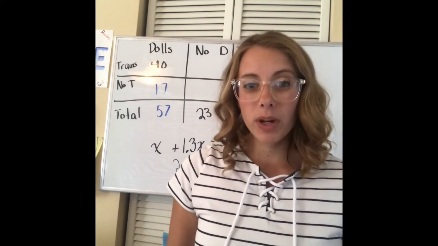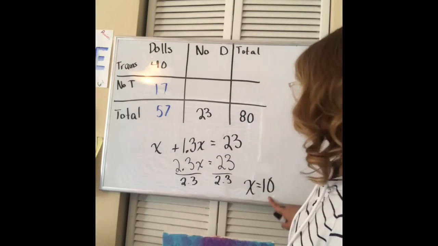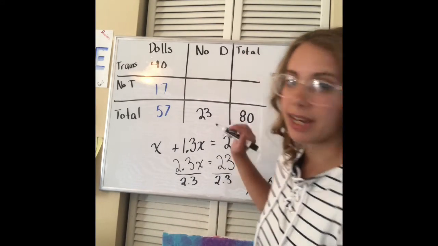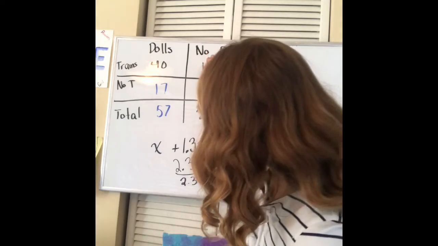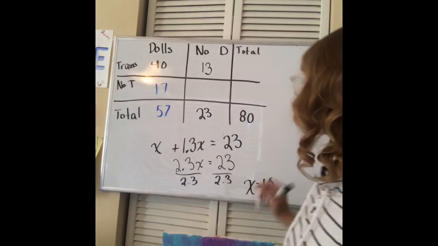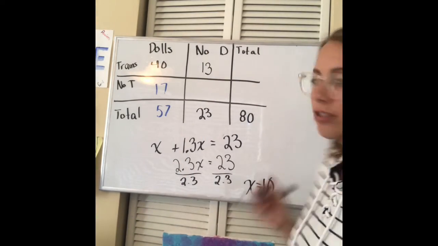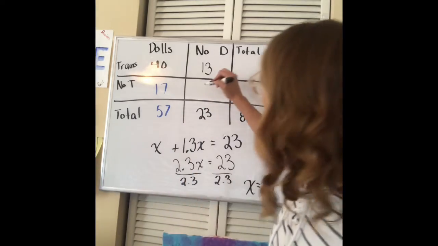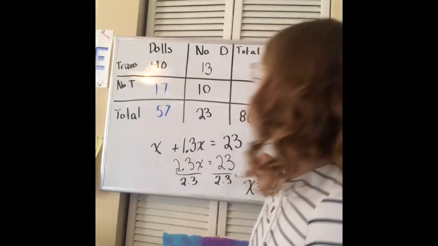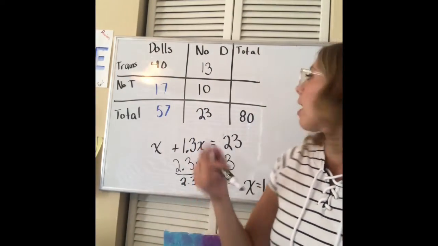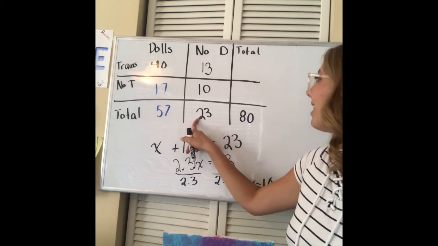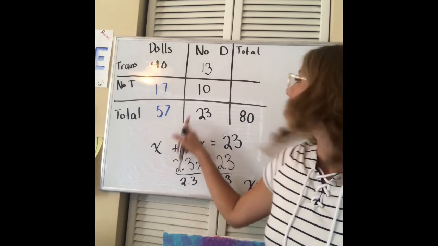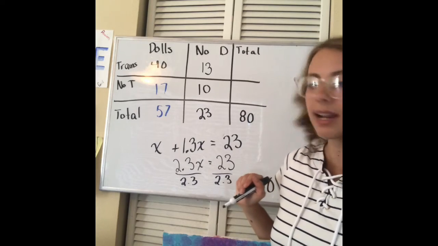So 1.3 times 10 like trains, which is 13. And that means 10, just the regular number of kids, is the kids who do not like trains. And now we know 13 plus 10 does equal 23, so we know that we have our numbers correct.